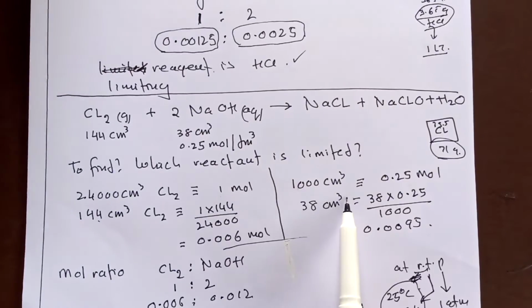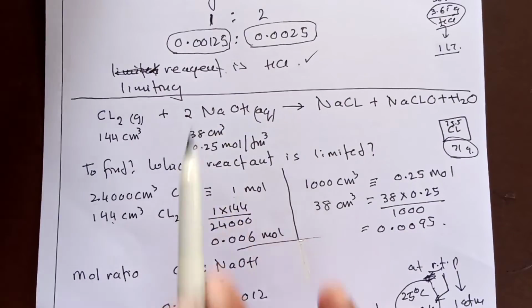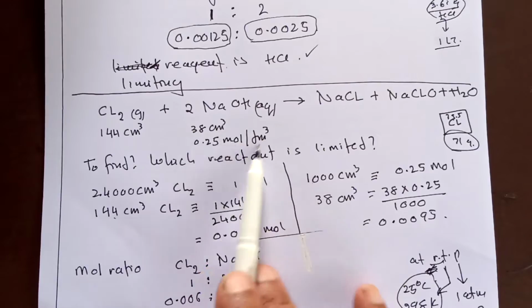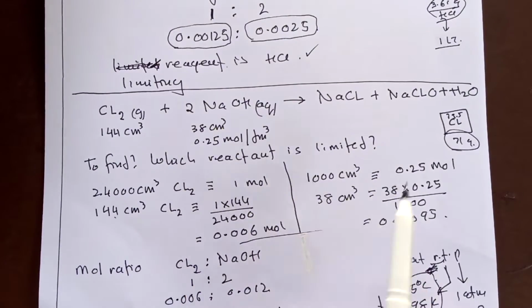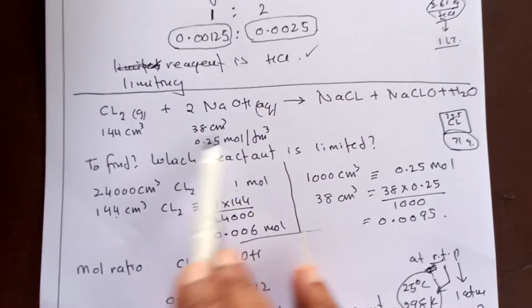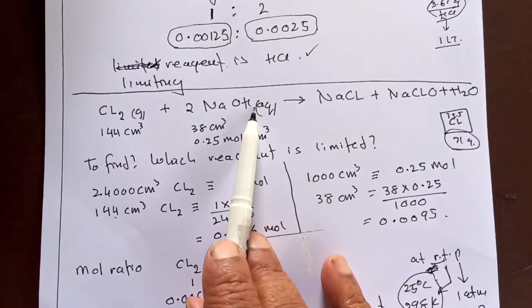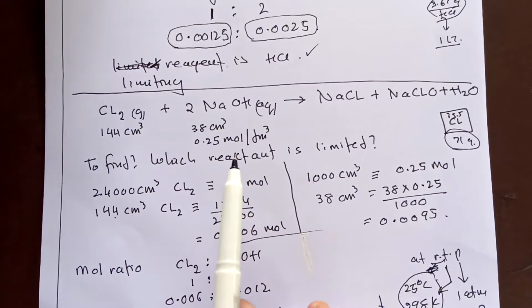Now, what we have to do is convert this into mole. So this is the concentration. How have we prepared this? We have taken the molar mass of sodium hydroxide, which is 40, multiplied by 0.25, which is 1/4.